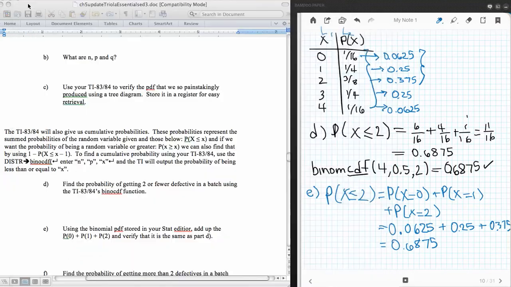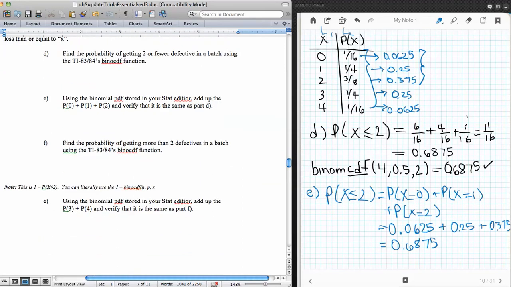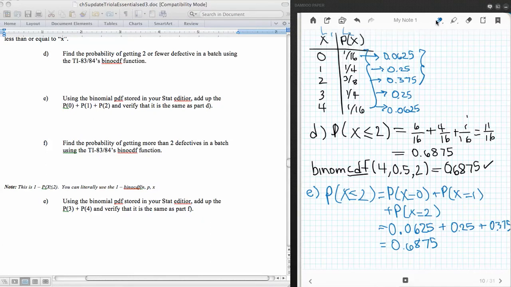All right, so now moving forward, we're going to take a look at getting more than 2 defectives in a batch. Let's use notation here. The probability of getting more than 2. Well, the probability of getting 2 or less and more than 2 are complements of one another.